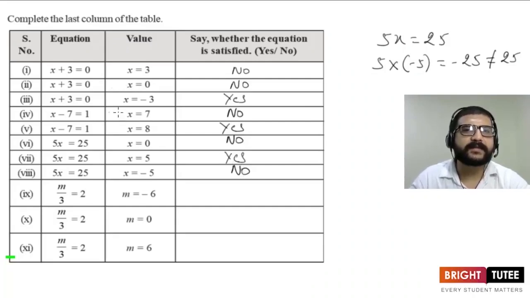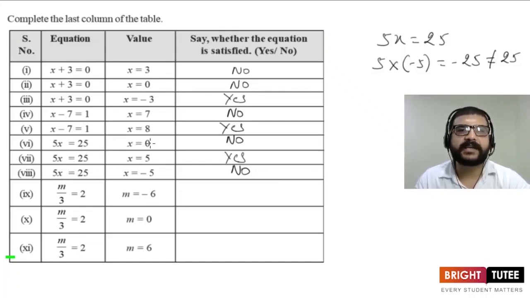Now we can notice one thing. First we had x plus 3 is equal to 0. We have checked it for 3 different values. Only one of the values was satisfied. And then we had the equation x minus 7 is equal to 1. We checked it for 2 different values. Only one was satisfied. And then we had the equation 5x is equal to 25.